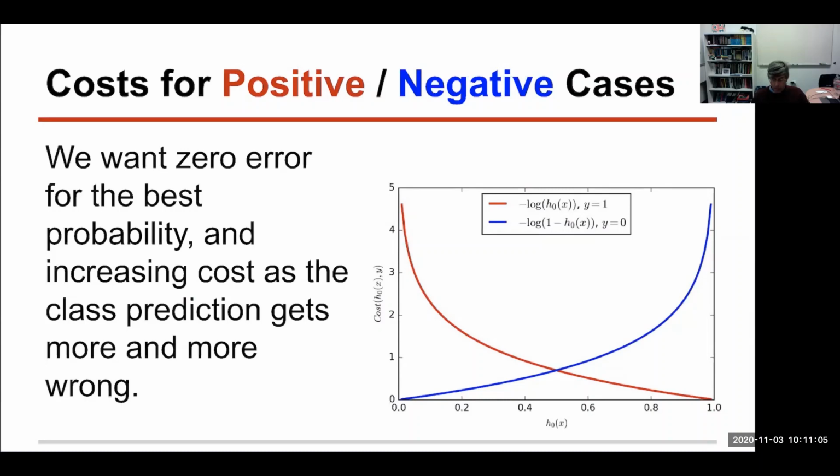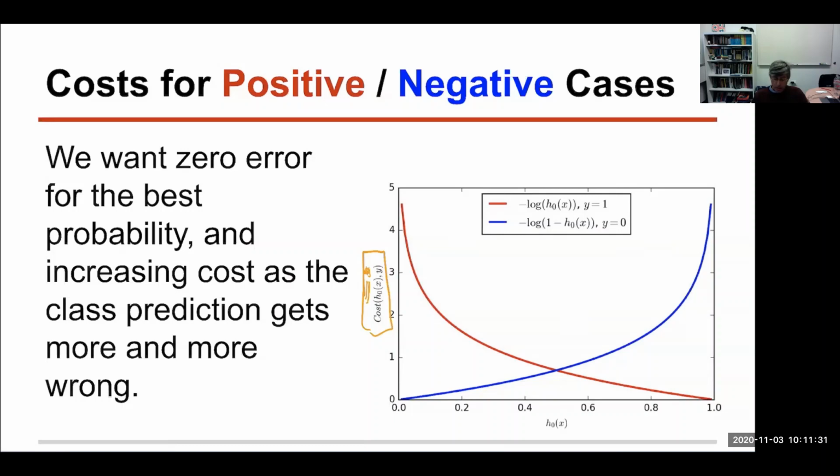We want our cost function to tell us, as a function of the probability that we give and the label that the object actually had, what the cost should be.